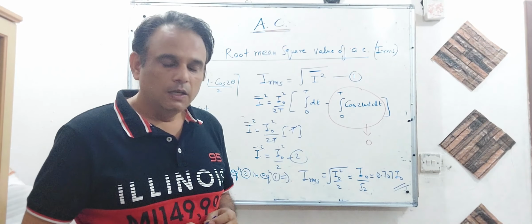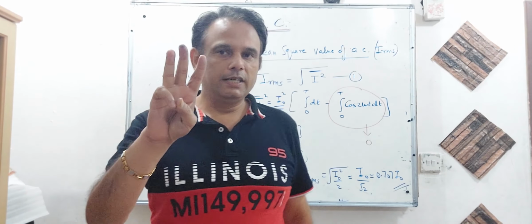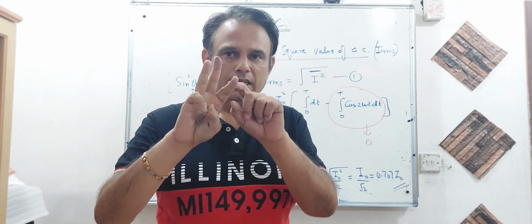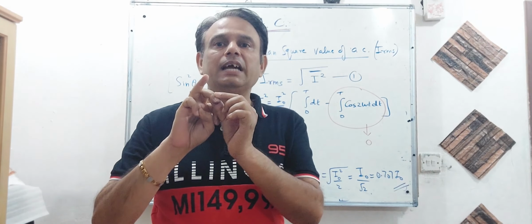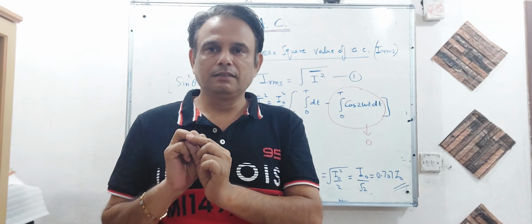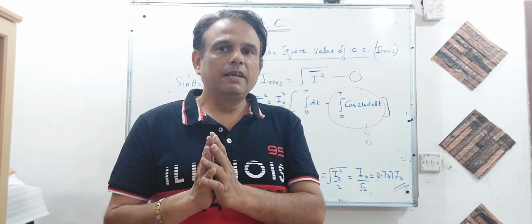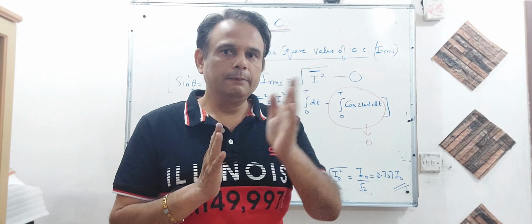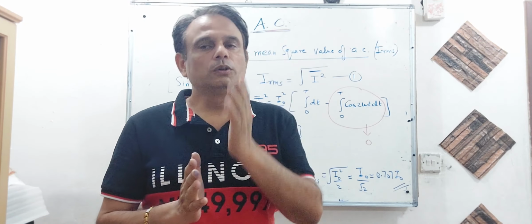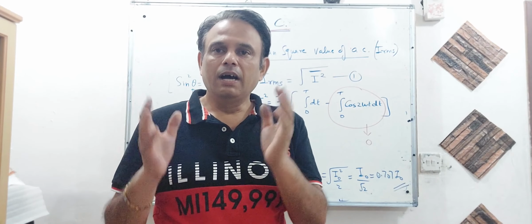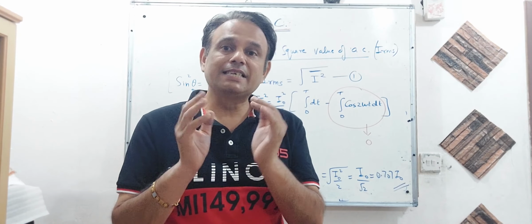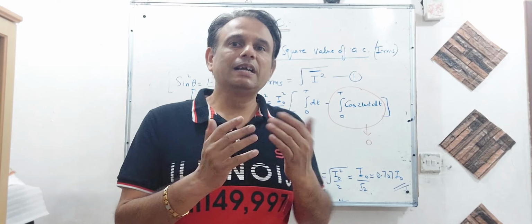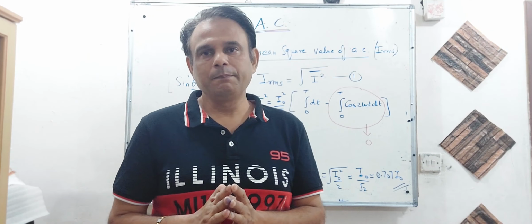Next class, we will discuss 3 important components. R, resistor, L, inductor, C, capacitor. What happens when this AC flows through R or through L or through a capacitor? Are both current and voltage in the same phase, or is there a phase difference between them?